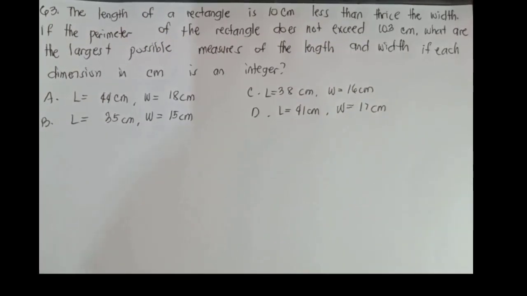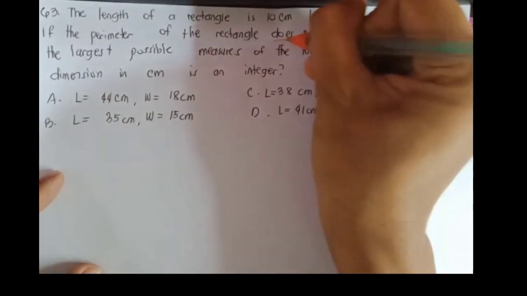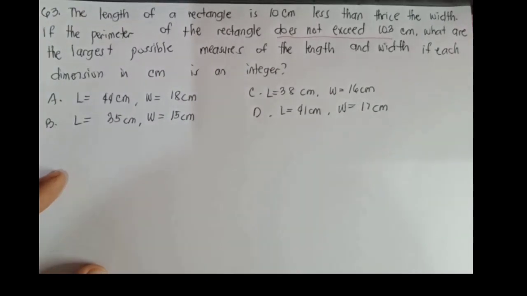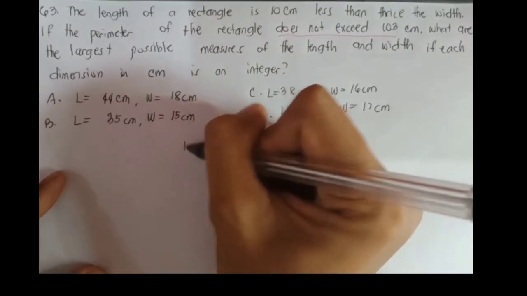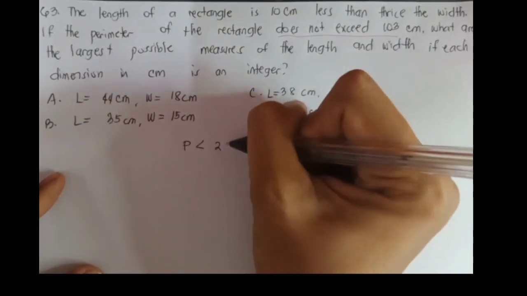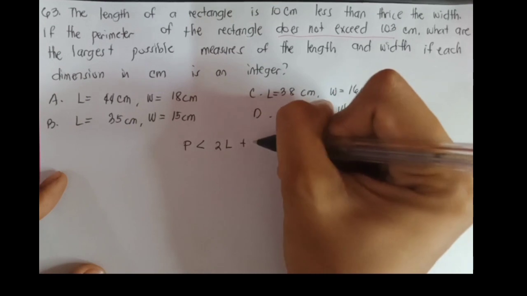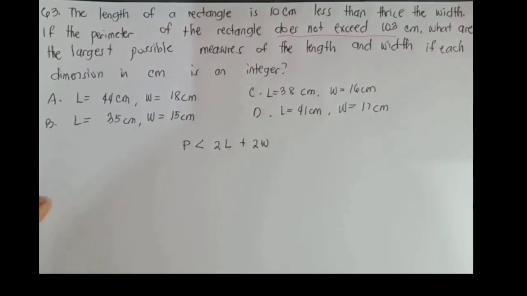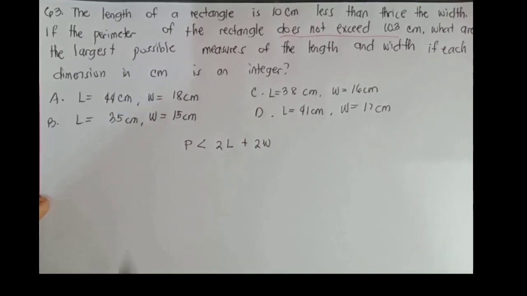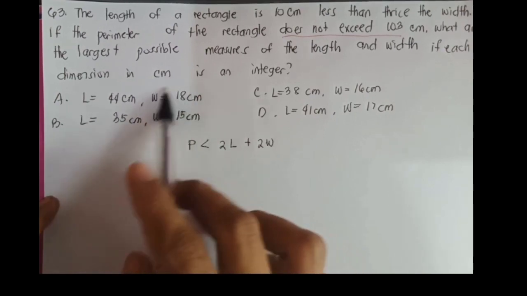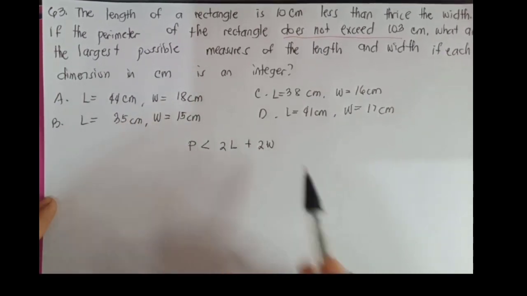In this, since our perimeter does not exceed 103 cm, we can have perimeter is less than 2 times the length plus 2 times the width. So using the options, we will try these values of length and width to see if they satisfy our inequality.